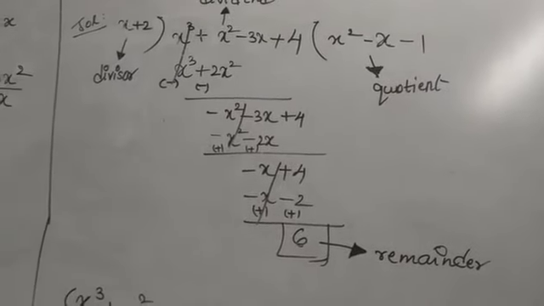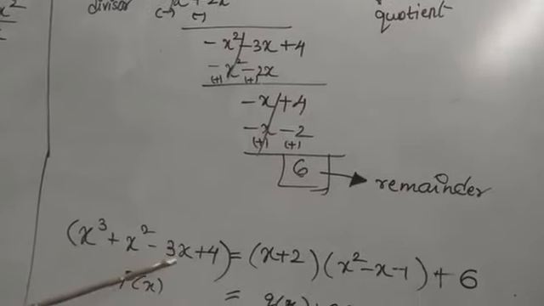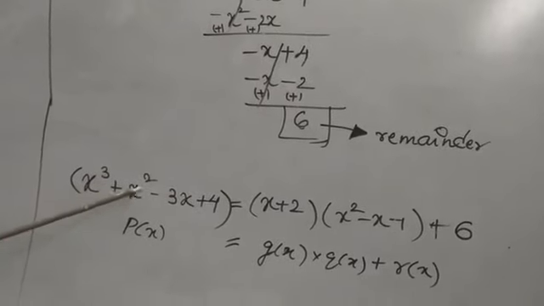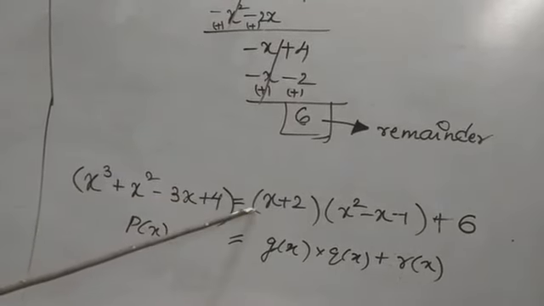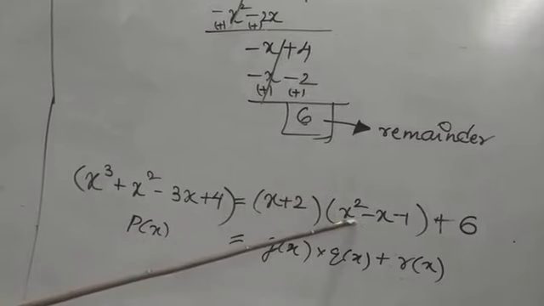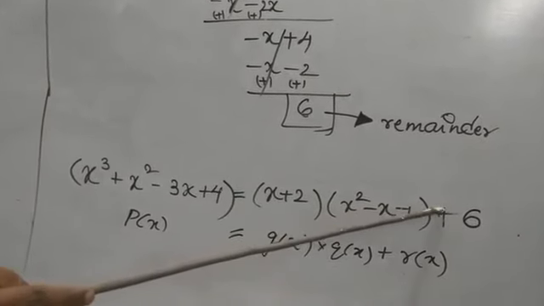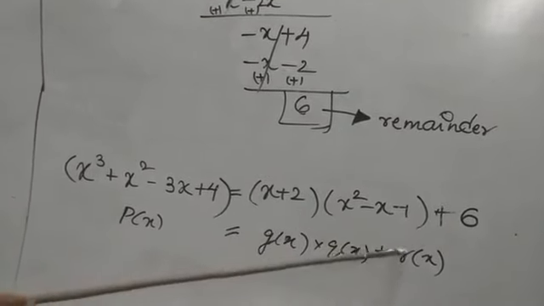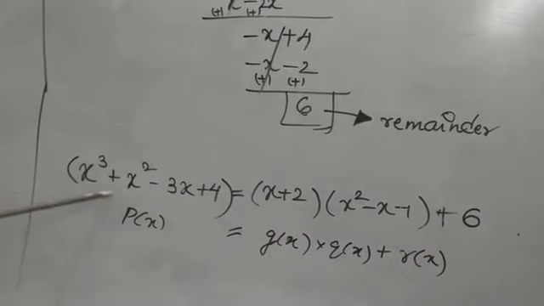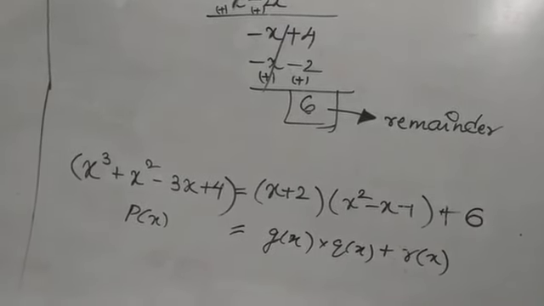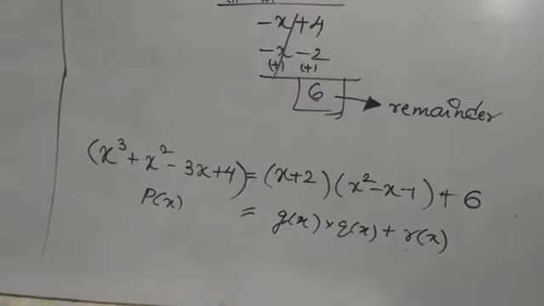So we can apply the division rule here in this manner: x cube plus x square minus 3x plus 4 equals x plus 2 into x square minus x minus 1, plus 6. If you multiply and add 6, again you will get this polynomial p of x.